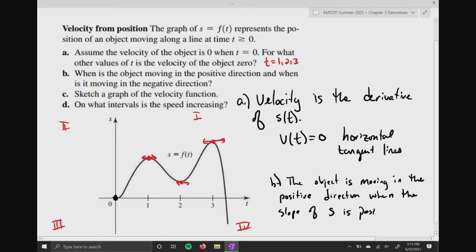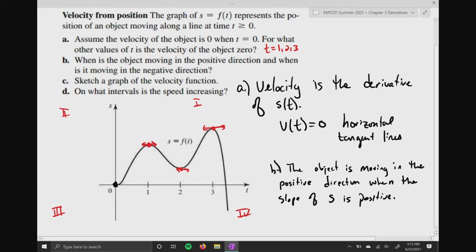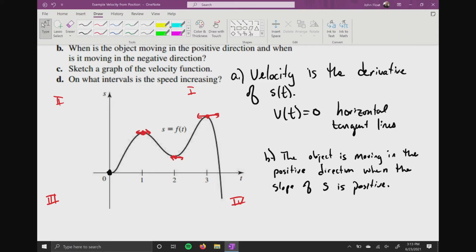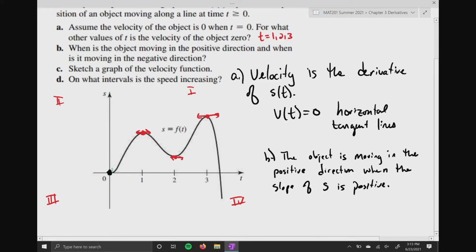All right, so here's a nice little sentence that describes everything I was just talking about. The object is moving in the positive direction when the slope of the position is also positive. Now, this occurs here from 0 to 1, and it also occurs from the interval 2 to 3.